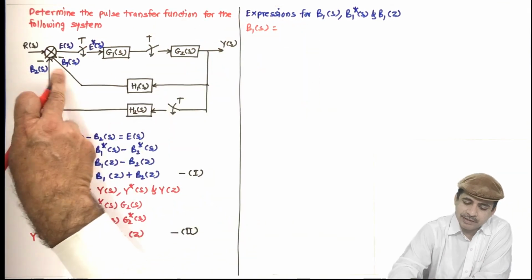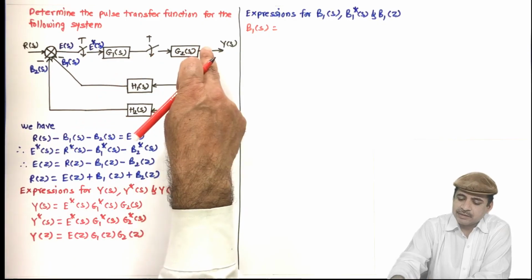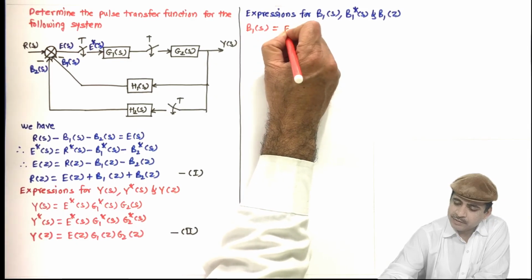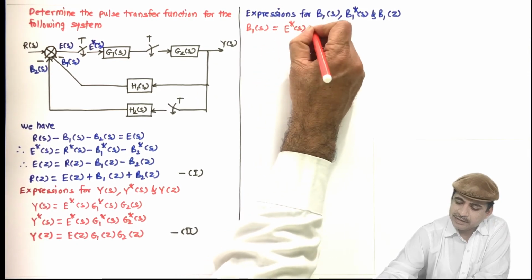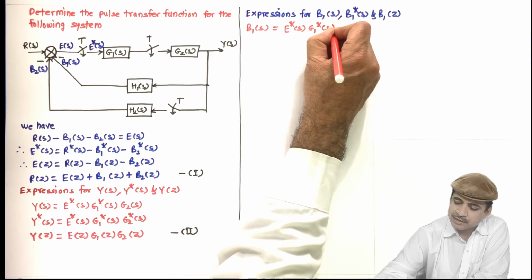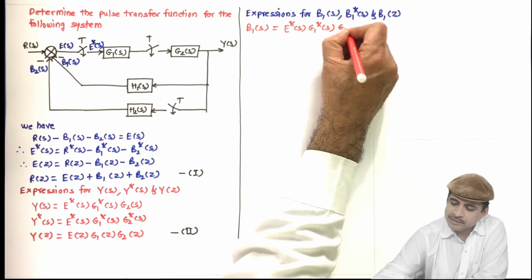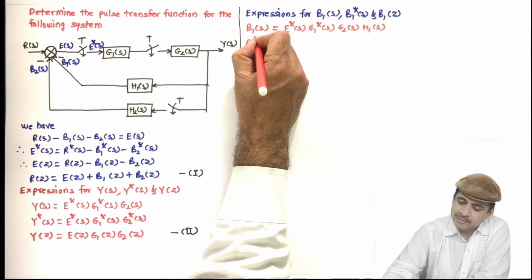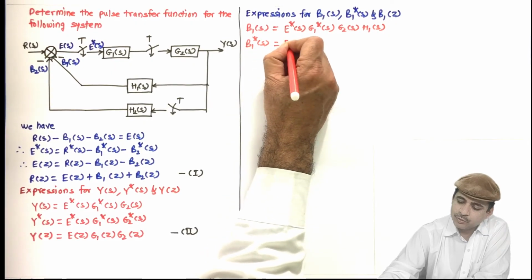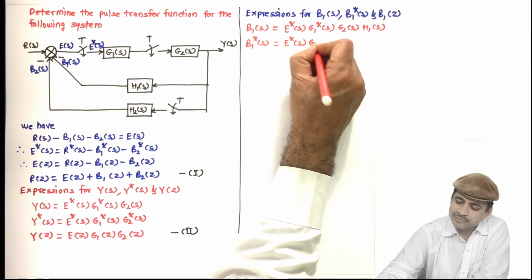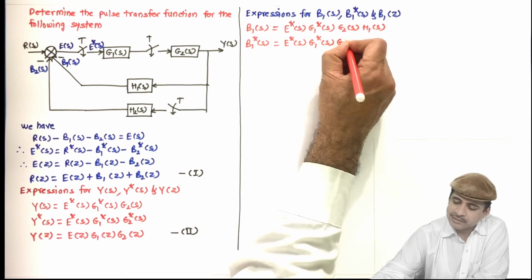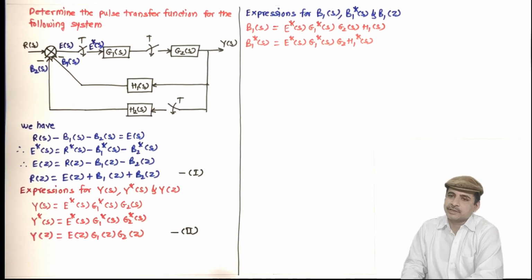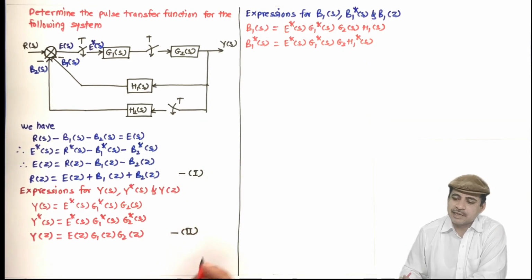B1 of S is E star G1 star G2 of S H1 of S. So it is nothing but E star S G1 star S because of this sampler, then G2 of S into H1 of S, and hence B1 star S is equal to E star S G1 star S G2 H1 star S. As they are not separated by the sampler, they first will be accumulated and then sampled.